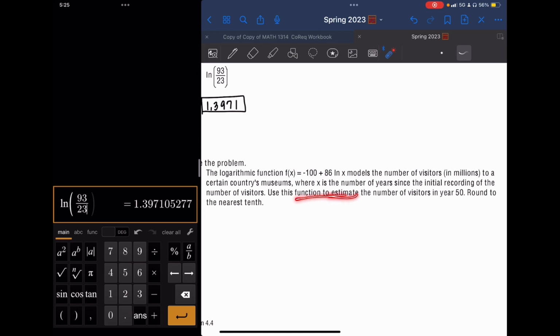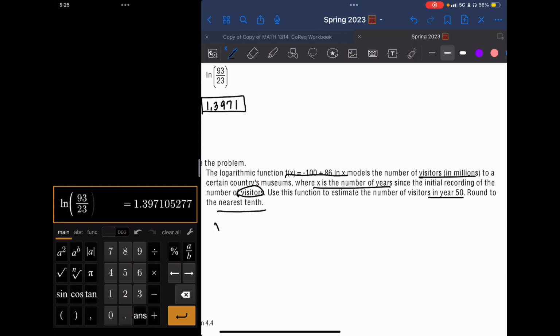Use the function to estimate the number of visitors in 50 years, rounded to the nearest tenth. So here's what's important. The formula, knowing that we're doing it in millions, where x is the number of years, the years are 50 years, and then to round our answer to the nearest tenth, but we're looking for the number of visitors.